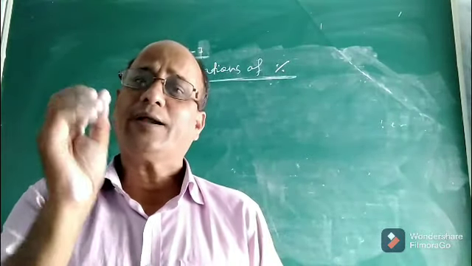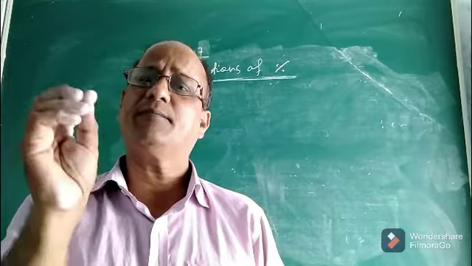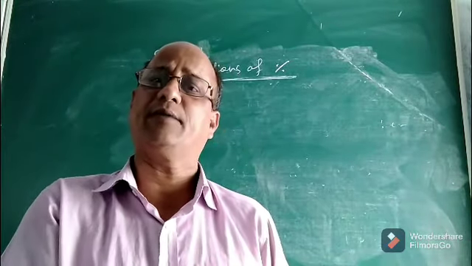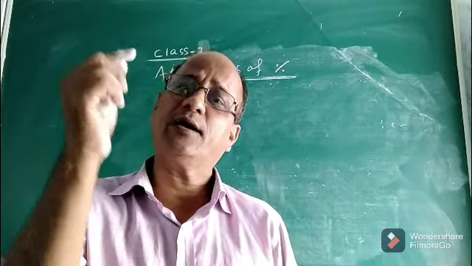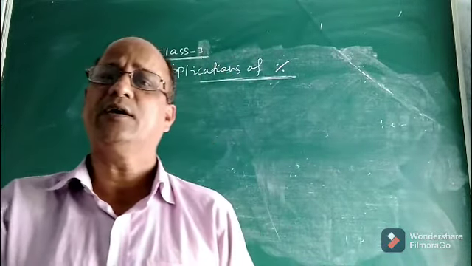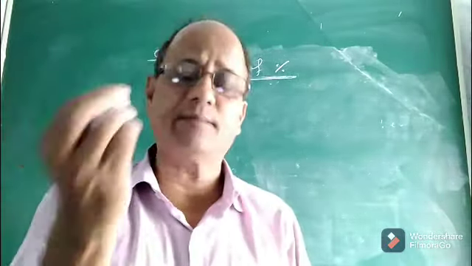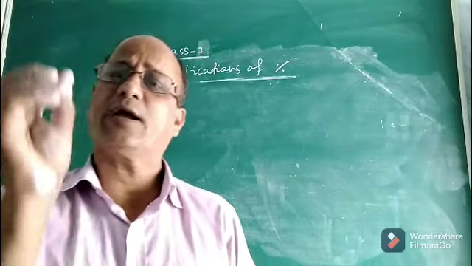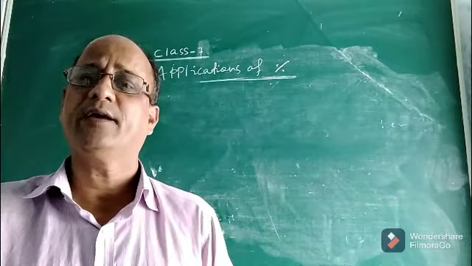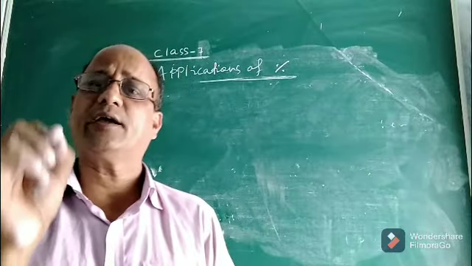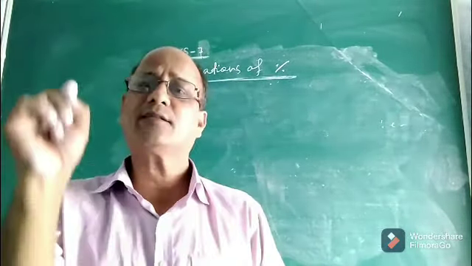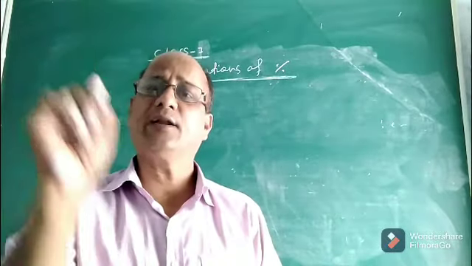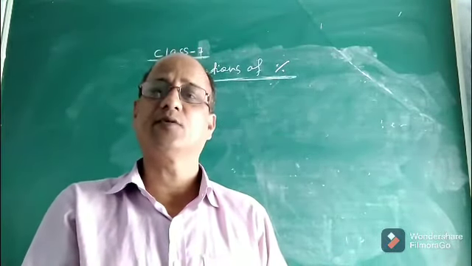See, we keep money in the bank to earn some extra money or extra amount. What extra money do we get for 100 rupees in 1 year? Suppose you kept 100 rupees in the bank for 1 year, and after 1 year, the bank gave you 110 rupees, 10 rupees extra.